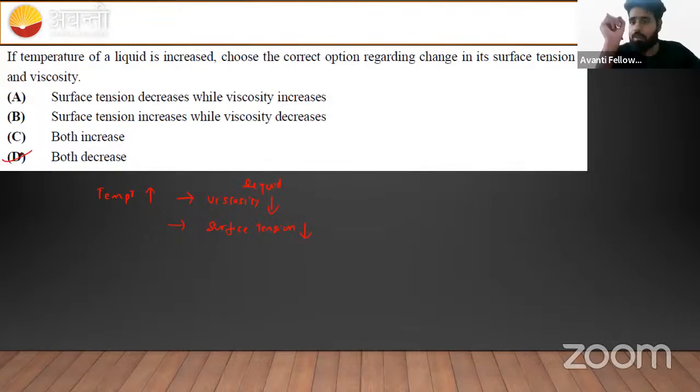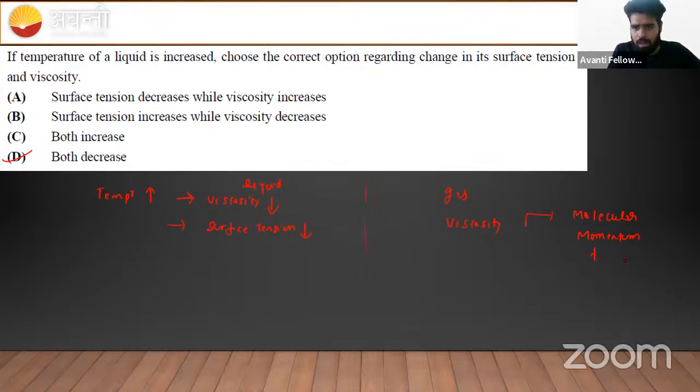But at the same time, if the viscosity is asked on increasing the temperature for a gas, then your answer will reverse. Because in a gas, what is the origin of viscosity? That is molecular collision, molecular momentum transfer.